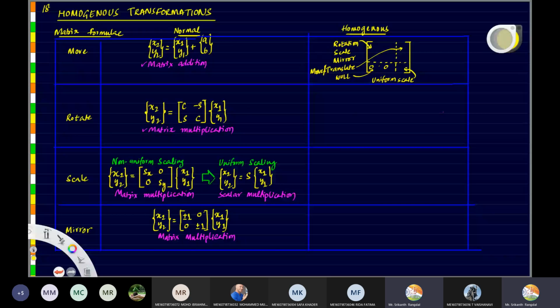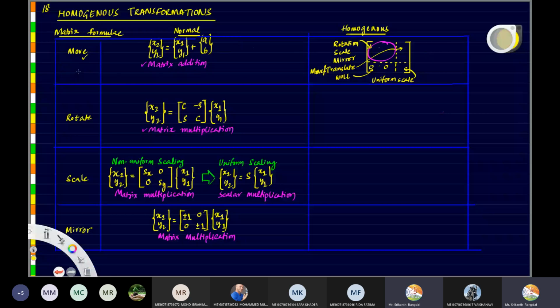So in case we are not doing rotation, scaling, or mirror, then in this place you will get the identity matrix. If you are doing the scale, mirror, or whatever, then you will get that matrix over there. If you are not doing it, you will get the identity matrix.